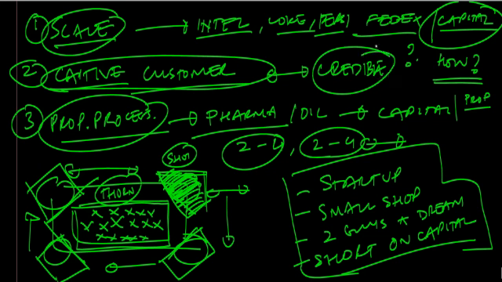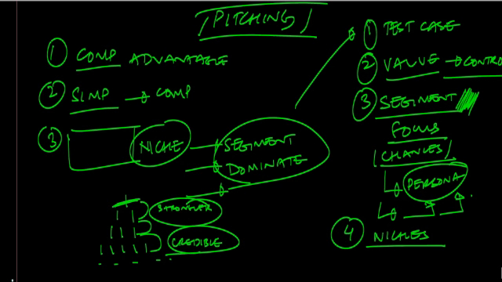and unless and until you have money in the bank to do scale or to do a proper process, your best bet is to focus on a strategy that comes from a captive customer piece, which again takes us back to one of the first lessons that we touched when we started talking about pitching.